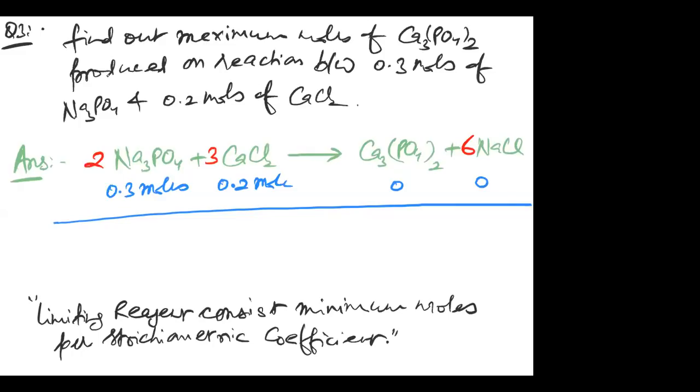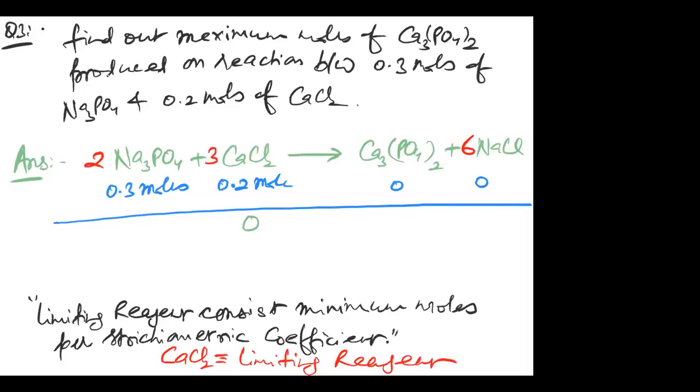So if you see minimum moles per stoichiometric coefficient, we have for CaCl2 0.2 divided by 3, and thus CaCl2 is going to be the limiting reagent here. Limiting reagent will be completely consumed, so its final moles will be 0. And limiting reagent will decide how much amount of calcium phosphate will be produced and how many moles of sodium phosphate will be consumed.